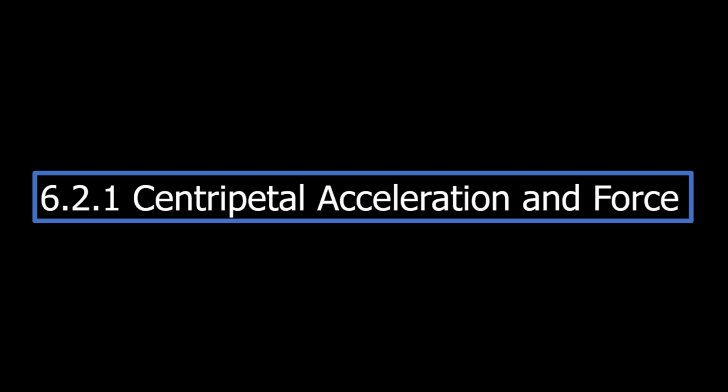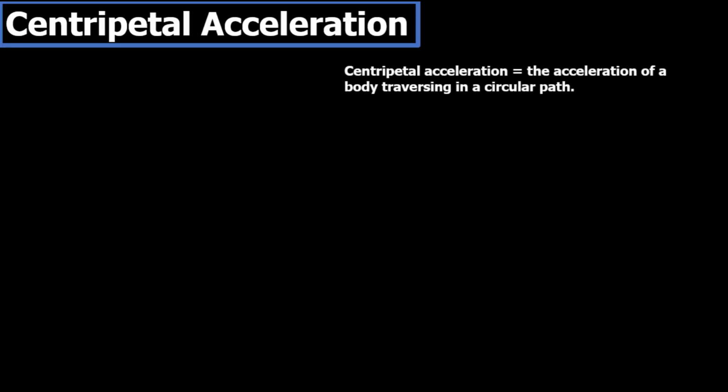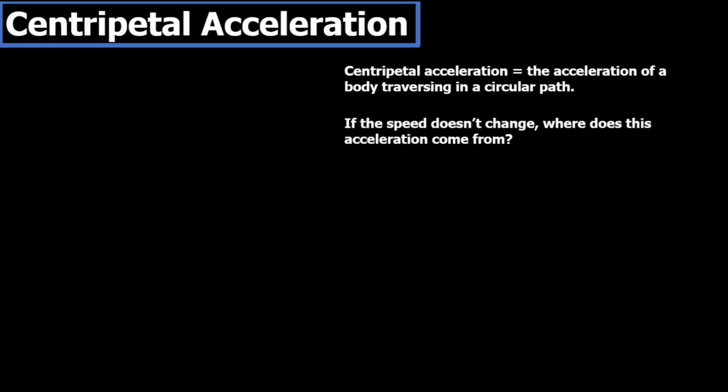Let's ask the question, what is centripetal acceleration? Well, centripetal acceleration is the acceleration of a body traversing a circular path. But then you ask me, the speed doesn't change. Where should this acceleration come from?